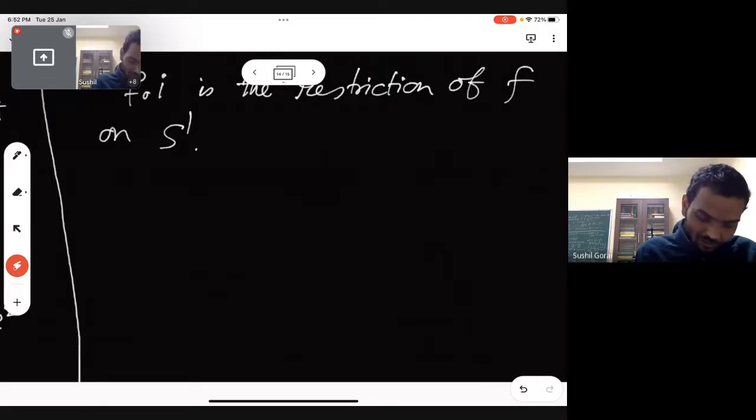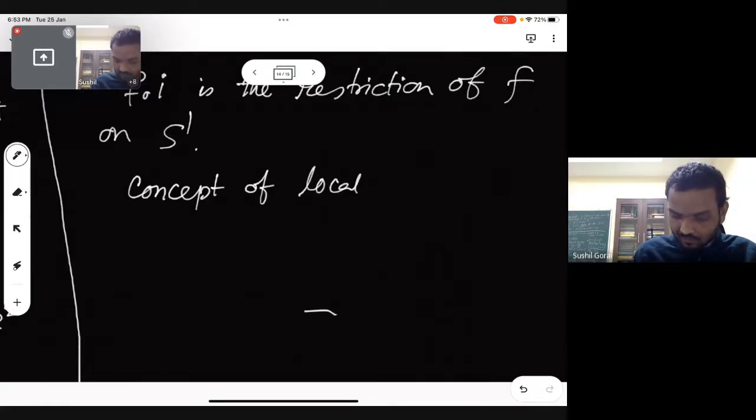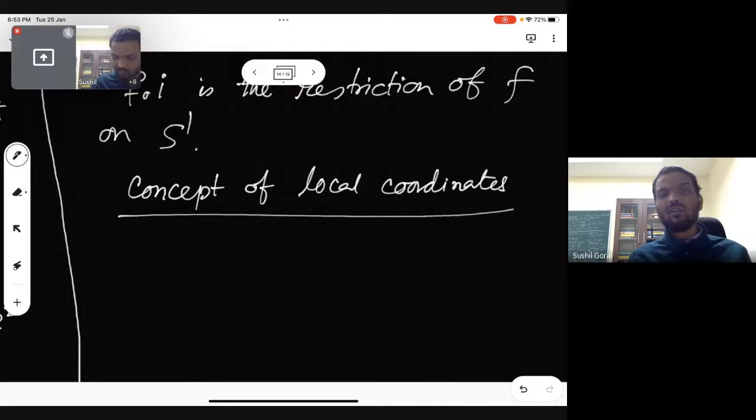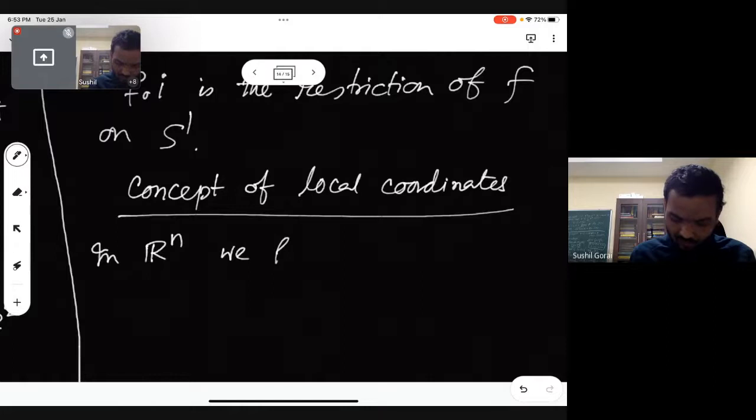Now the final thing today is the concept of local coordinates. Like in Rn, you have coordinates, right?